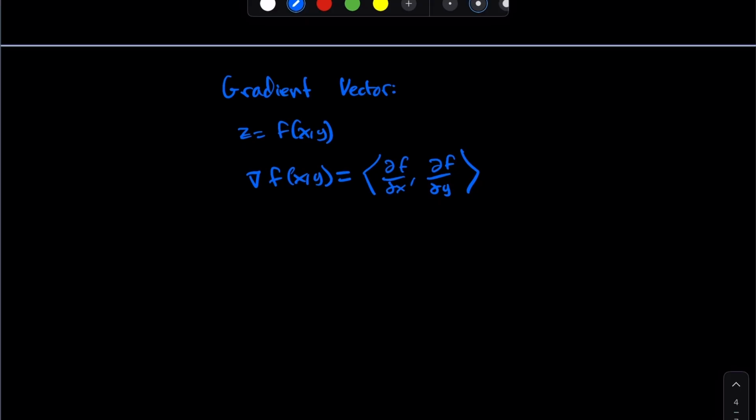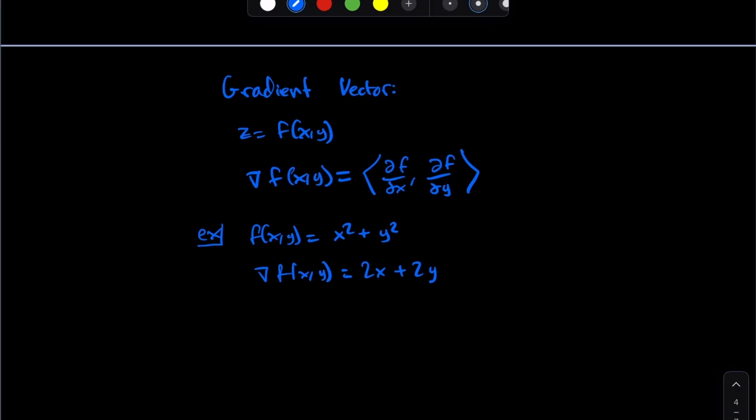Cool. And we've sort of explained it already, so we're just going to dive into a quick practice example, really easy. If f of x comma y equals x squared plus y squared, then the gradient vector will equal 2x, 2y. Cool.